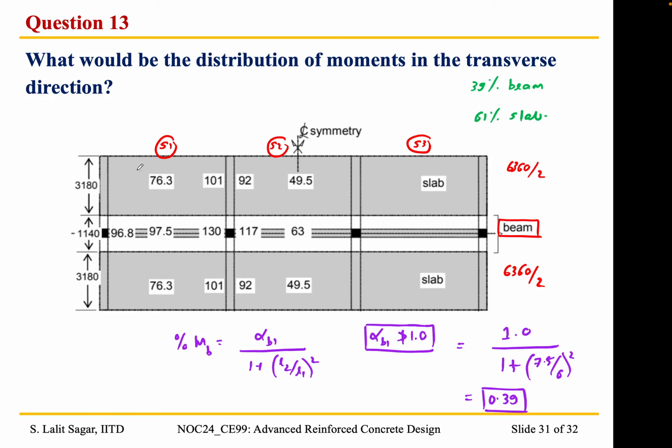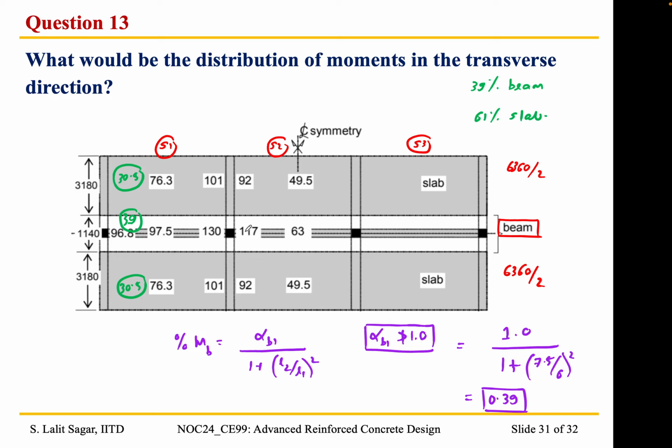So this would be like 61 by 2, so you can say it is 30.5%, and this is 30.5%, and this is 39%. And here also it follows this distribution rule, and also for the interior panel throughout the distribution rule follows.